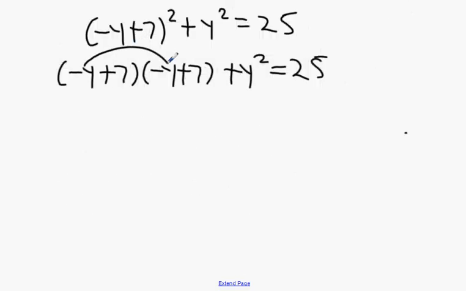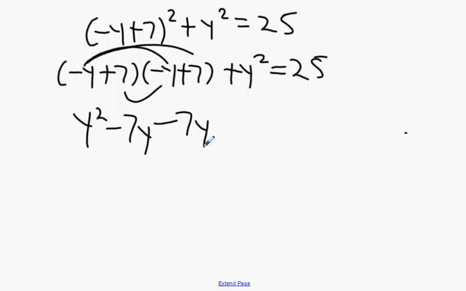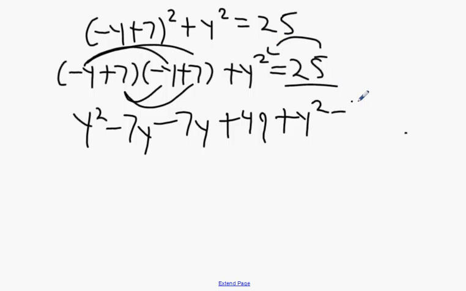And now multiplying? Yeah. The other y squared. And what about this 25? And then what happens? Then, how many y squares do we have, Lee?